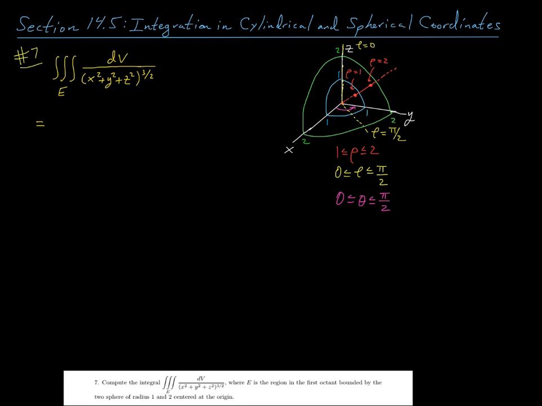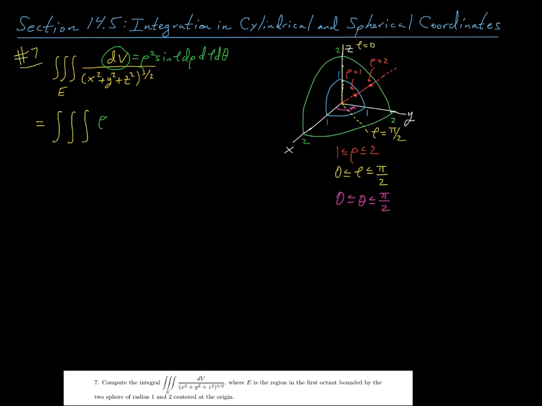All right, so now for our integral, our differential volume element dV, as we derived in the last video, is equal to rho squared sine phi d rho d phi d theta.